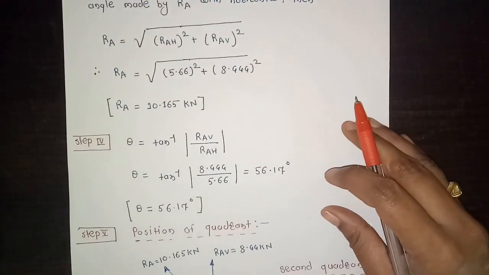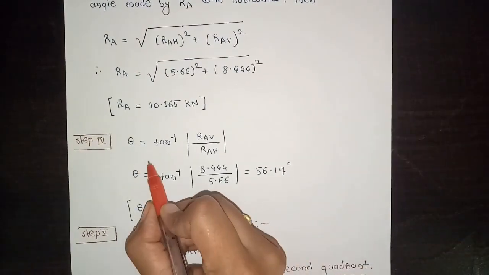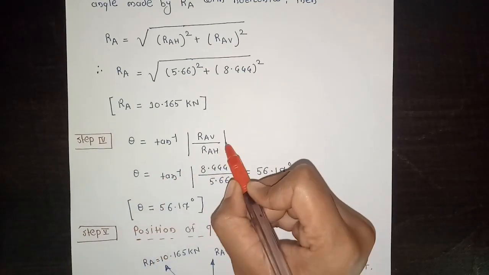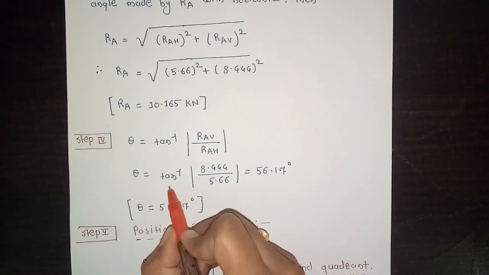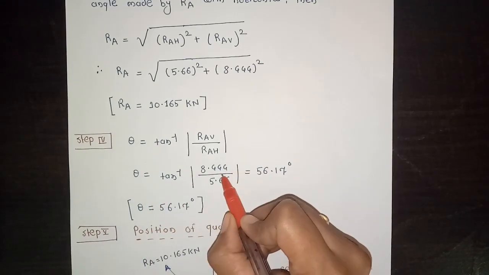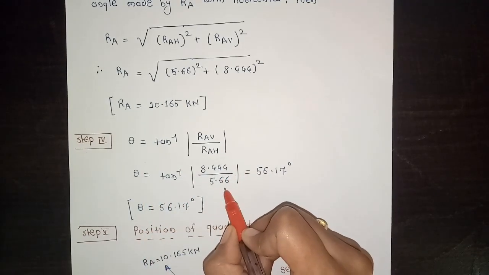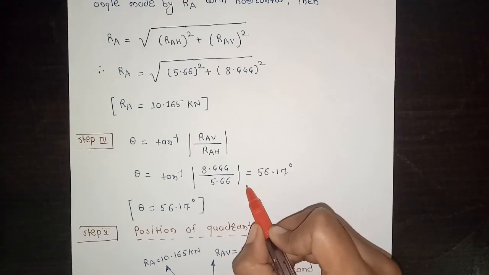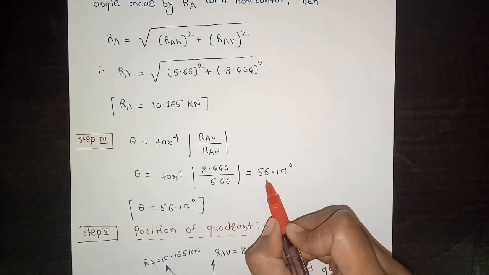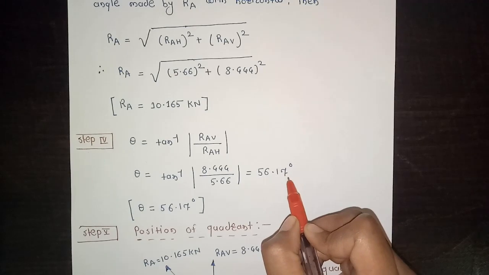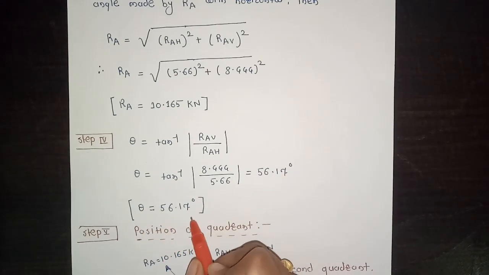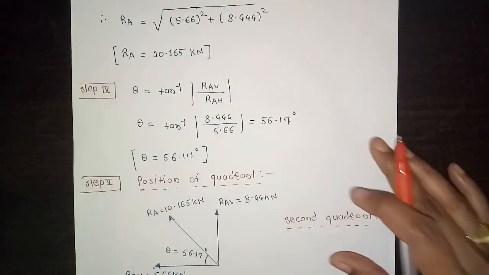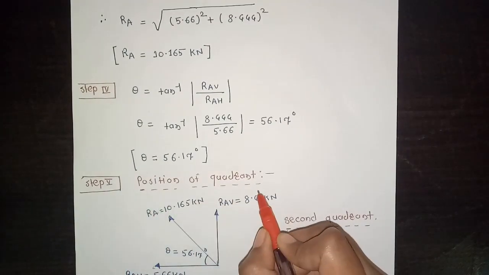Then step 4: theta is equal to tan inverse of RAV divided by RAH. Theta is equal to tan inverse of 8.444 divided by 5.66, which is 56.17 degrees. Then step 5th, position of quadrant.